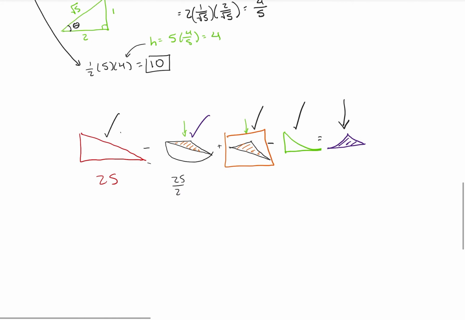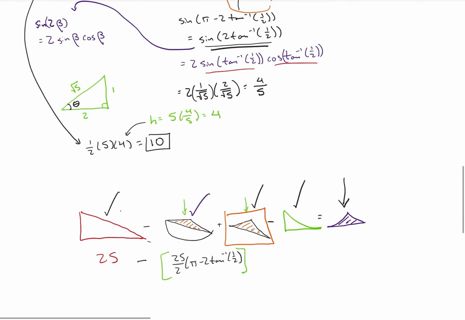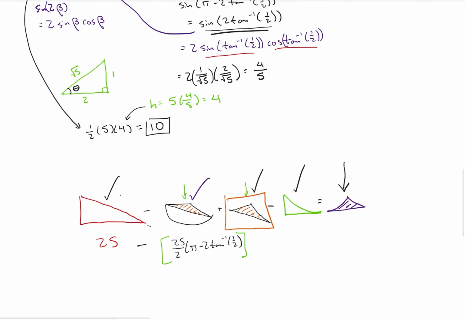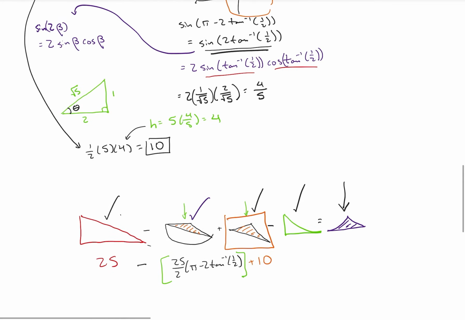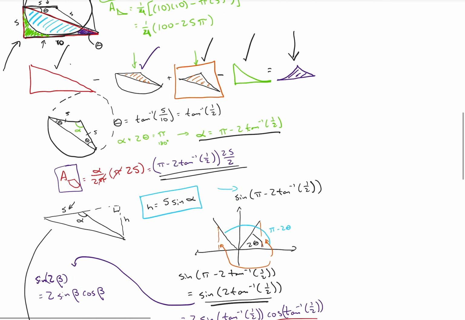5 over 2 times pi minus 2 arctan of 1/2. So far we have this minus this. Then we have the area of my little triangle, which is plus 10. Then we want the area of that little region that we found.